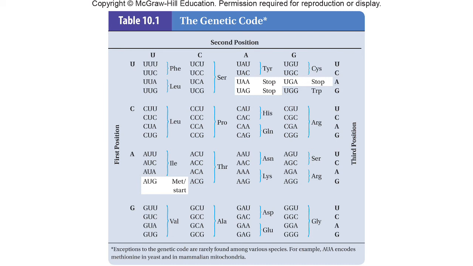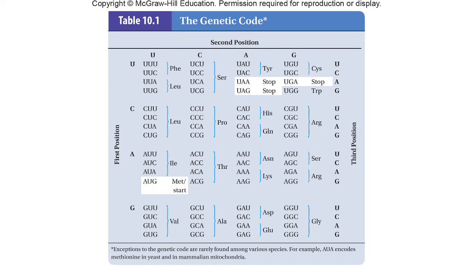That's why, if I draw your attention to the bottom left, you see that there are 4 different codons that all code for the amino acid VAL, or valine: GUU, GUC, GUA, and GUG. All of those codons will translate into the amino acid valine.